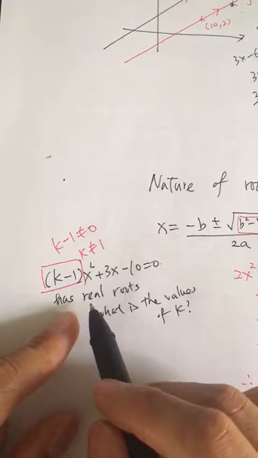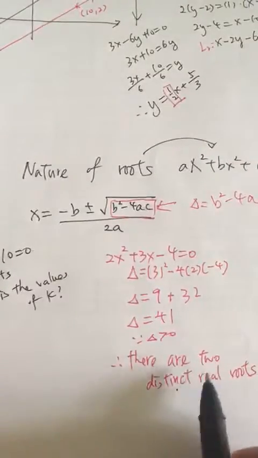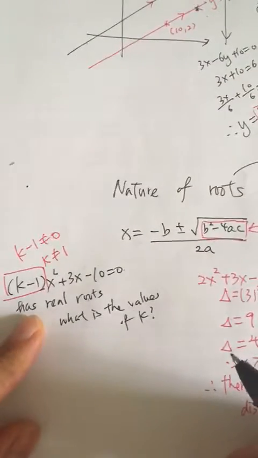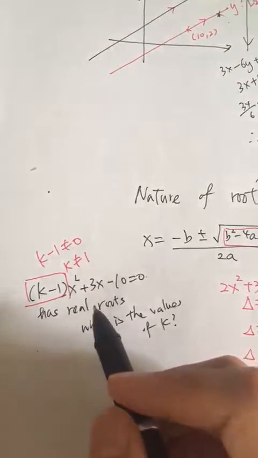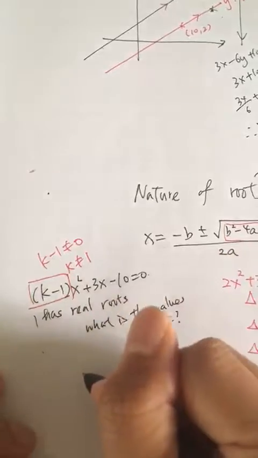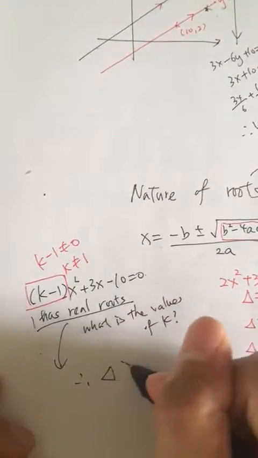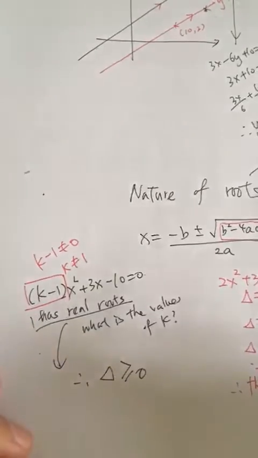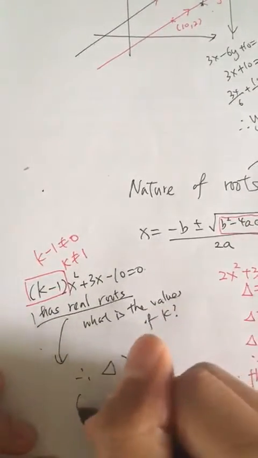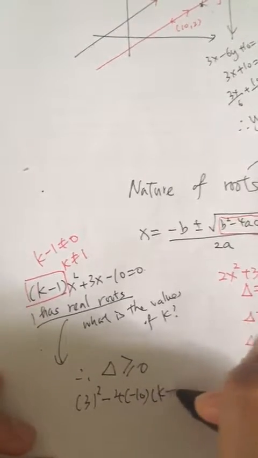Are these two roots distinct, meaning different values, or the same? We don't know if it is one real double root or distinct. So usually in this situation, because we know it has real roots, the discriminant will be greater than or equal to 0. So we substitute b squared minus 4ac.